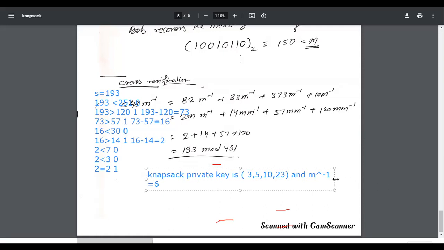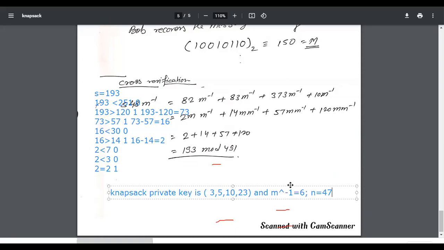It is also given. The modulus n is also given, n equal to 47. So these are the given values.